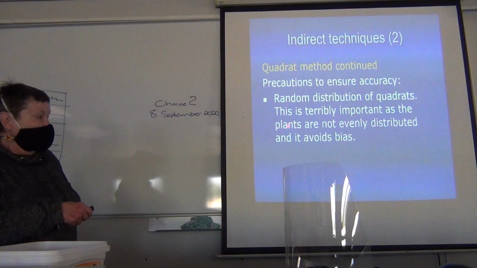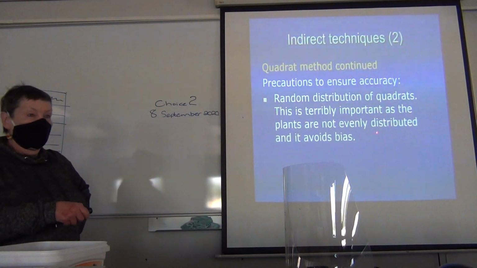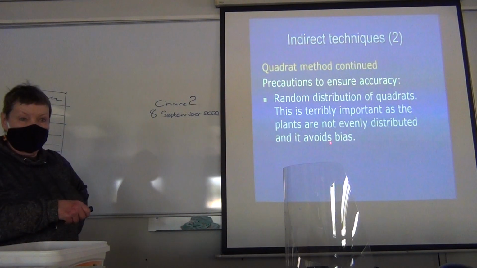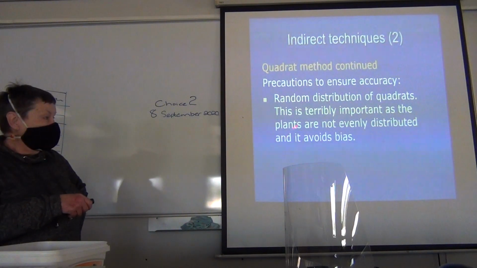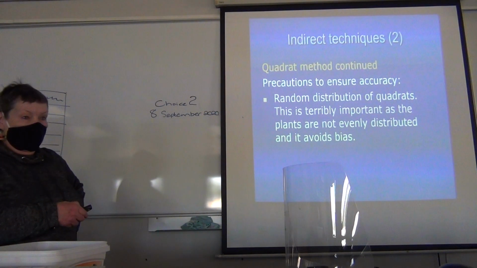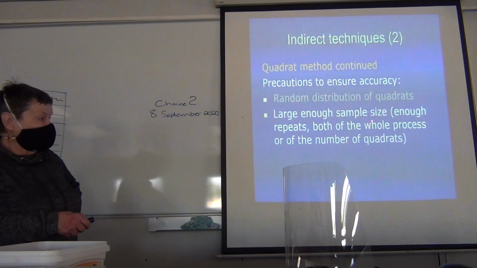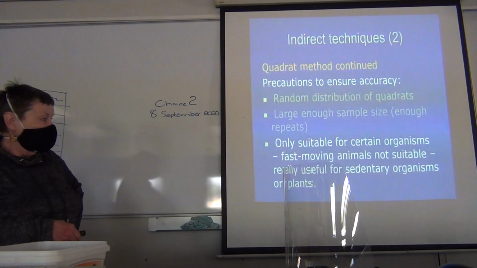It's terribly important because the plants are never evenly distributed, and so it avoids bias. Okay, it also avoids slack slob students. There is another way of doing it. There has to be a large enough sample size, in other words, enough repeats, both of the whole process or of the number of quadrats.